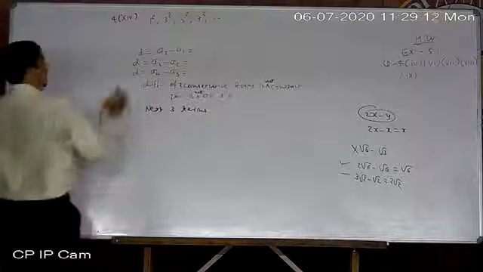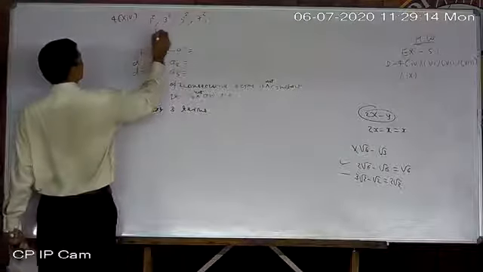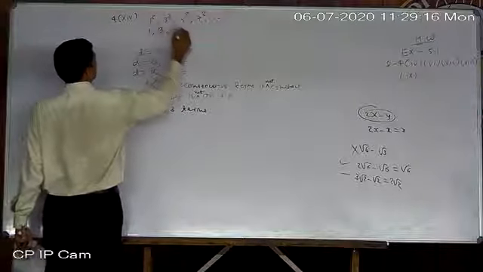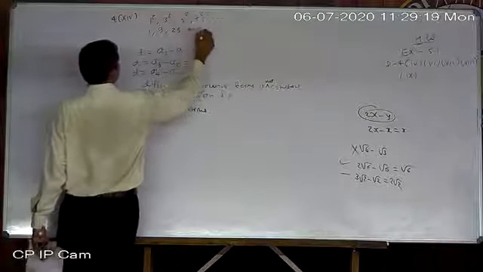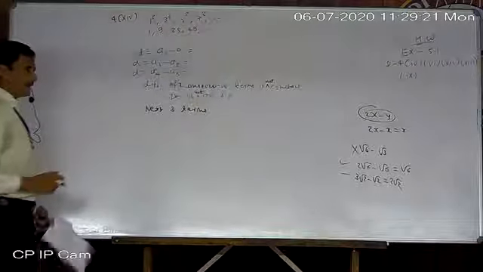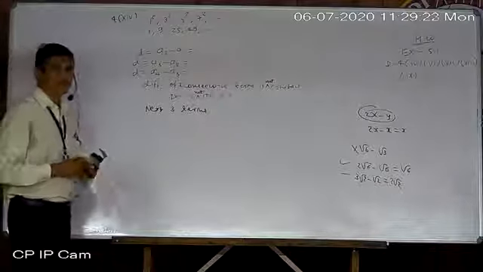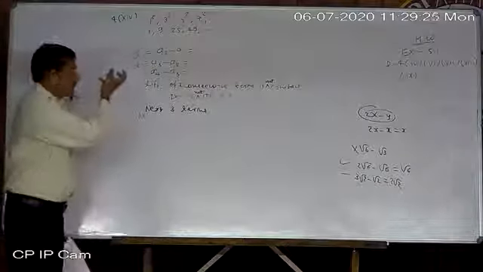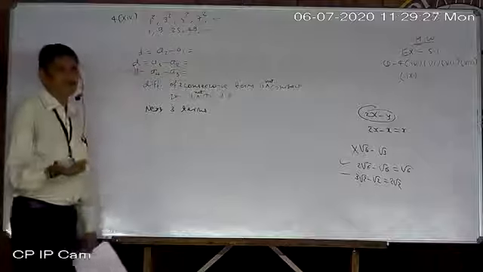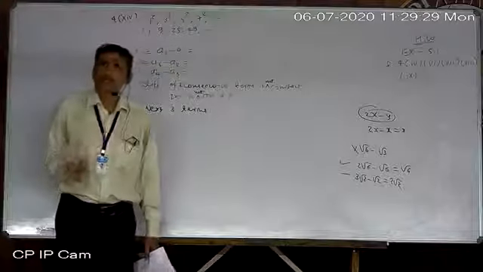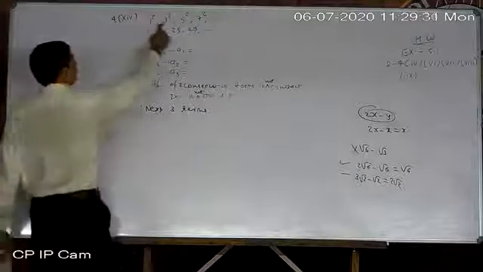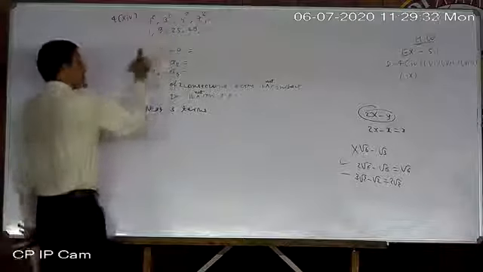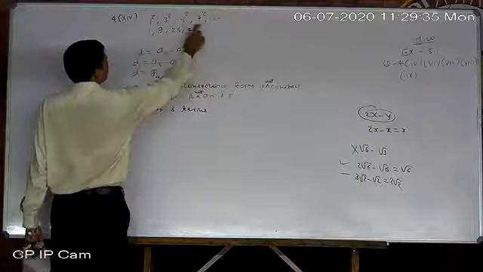So I can write 1, 9, 25, 49 like this, because until and unless you convert it into simple form, meaning you remove that exponential form, you cannot take the difference. How can you find the difference of 3 square minus 1 square? You have to convert and find its value first.